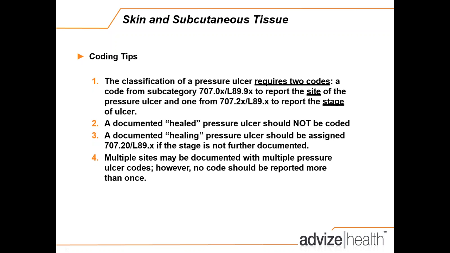There are two codes, a code for the site and a code for the stage. A documented healed pressure ulcer should not be coded. A documented healing pressure ulcer should be assigned a code if the stage is not further documented. Multiple sites may be documented with multiple pressure ulcer codes. However, no code should be reported more than once.